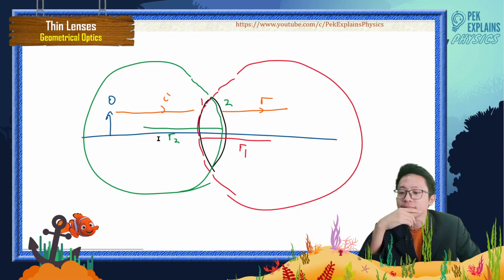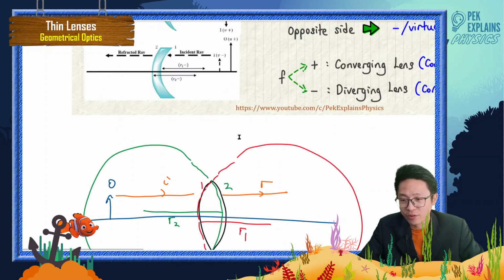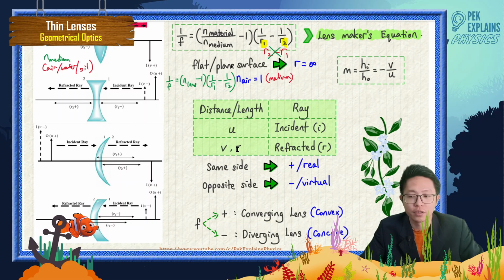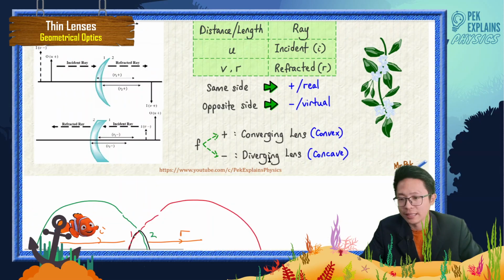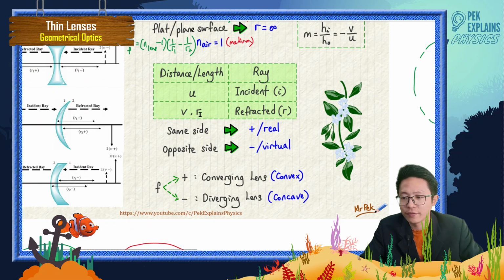I already told you about R1 and R2. I might as well talk about positive and negative sign. For radius of each surface, I also compare with the refracted ray. That means if the radius is on the same side as the refracted ray, then it's positive.